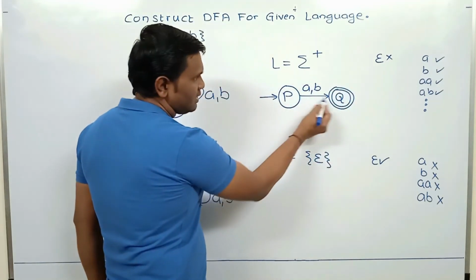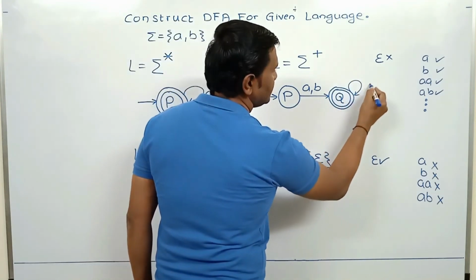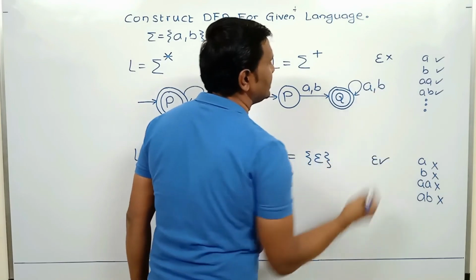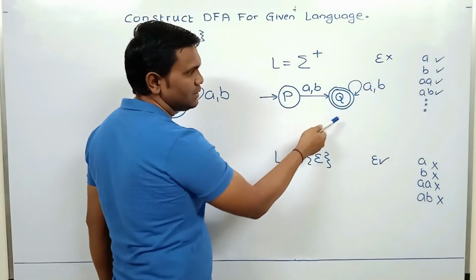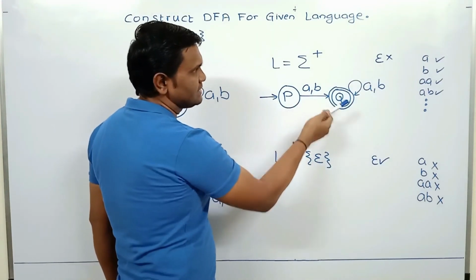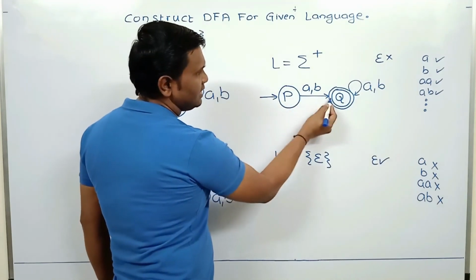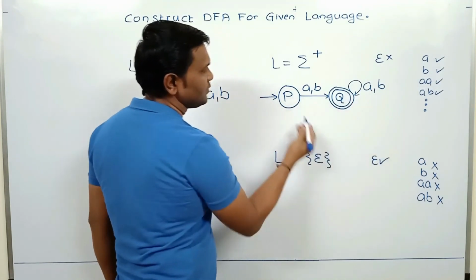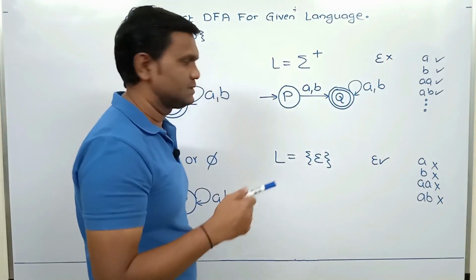So here right now the string length is 1. After that anything comes, we accept the string. So if we consider A, from P on A we go to Q, it is a final state, the string is accepted. For B also it is accepted. If we consider AB, then A is processed here and B is processed here. So the string is accepted. So this is the DFA for sigma plus.